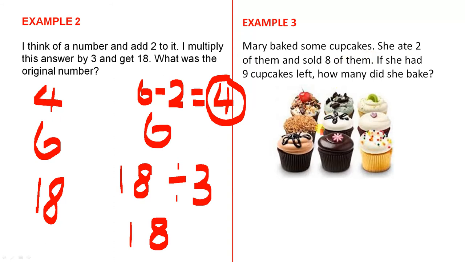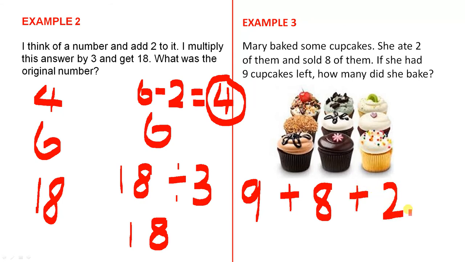So if we take the 9 that we can see here, and we add to that the 8 that she sold, and then we add the 2 that she ate, I think we'll get our answer. 9 plus 8 is 17, plus 2 is 19, and that is the answer. So she baked 19 cupcakes at the beginning.